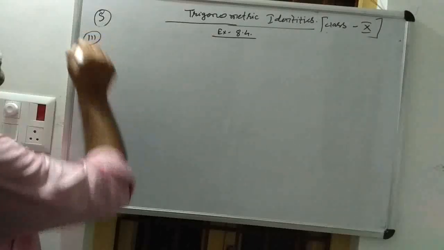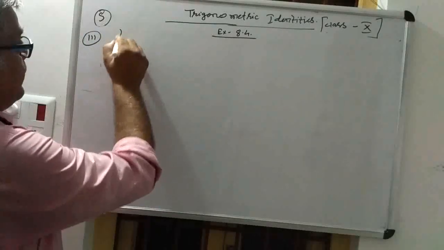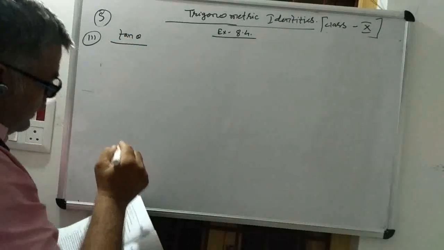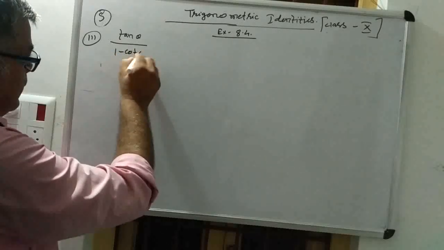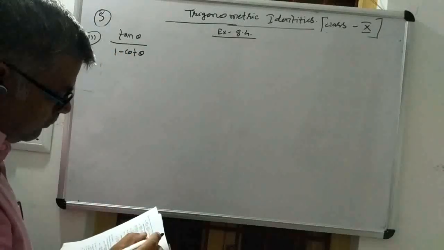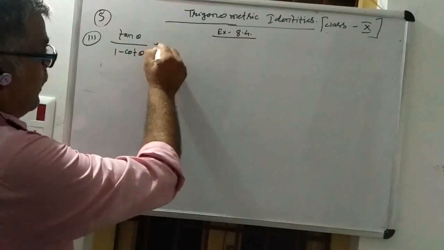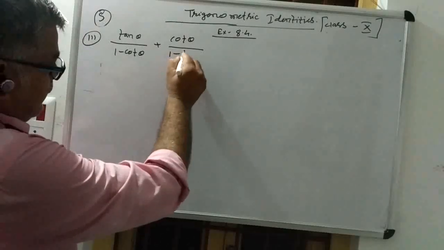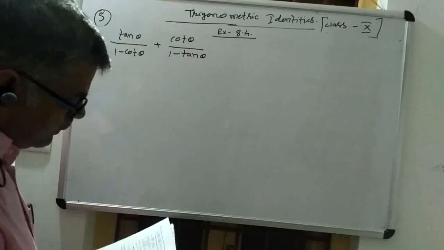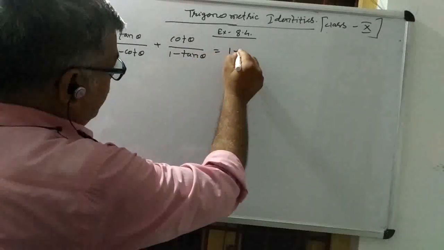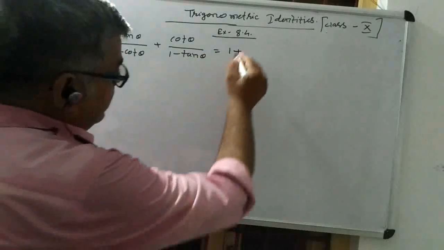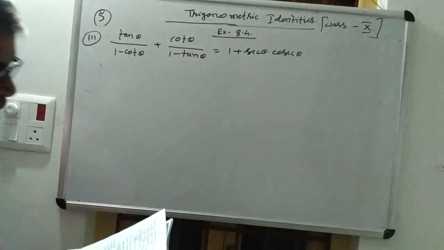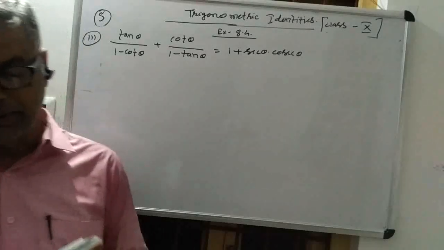Identity number three. Third is what? Tan theta by 1 minus cot theta plus cot theta by 1 minus tan theta equals 1 plus sec theta into cosec theta.